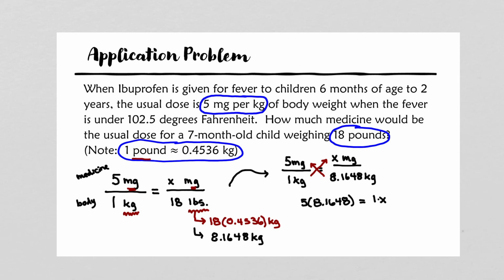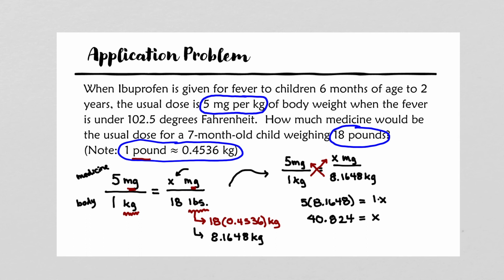On the left side, I have 5 times 8.1648, or 40.824, and that equals 1 times x, which is just x. And there we have it. We've actually just solved for x. What was x?